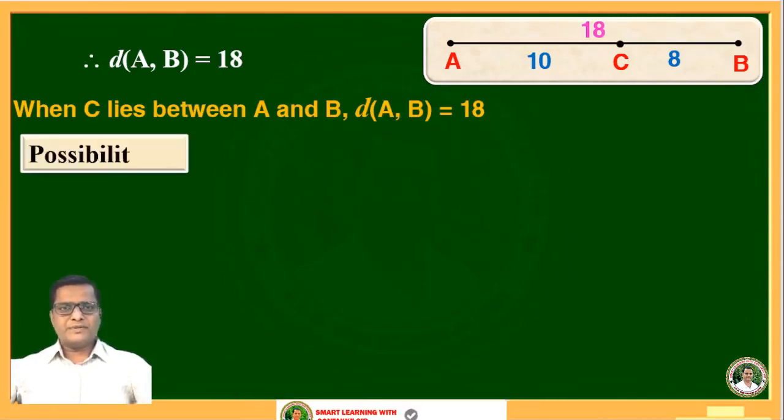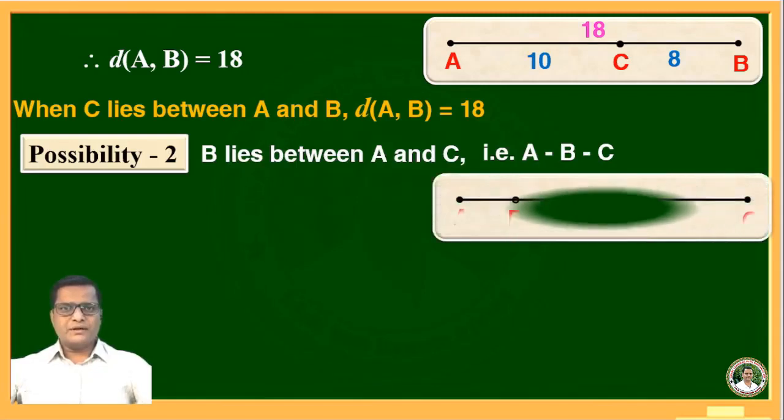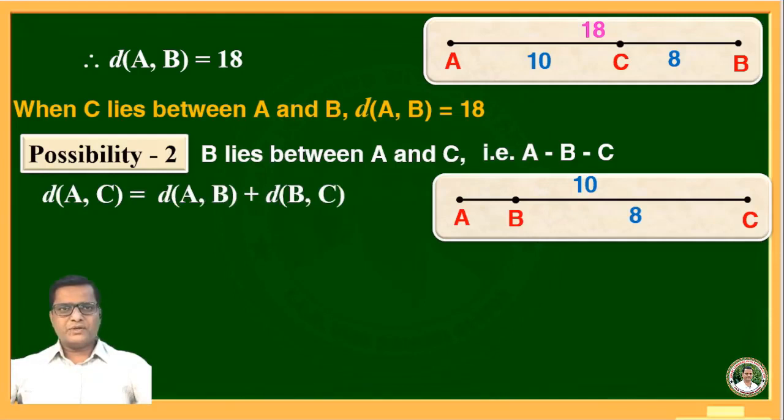And the second possibility is point B lies between A and C. That is A-B-C, which is shown in the figure. Again, here write down the given things, that is BC is equal to 8 and AC is equal to 10. Therefore, distance of AC is equal to distance of AB plus distance of BC. Here, reason is B is between A and C. Now, put the given values.